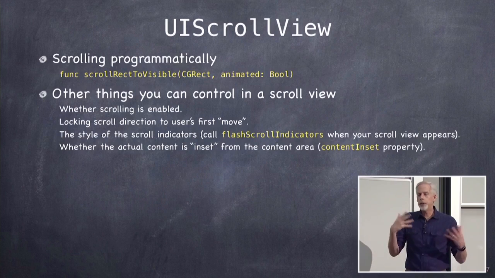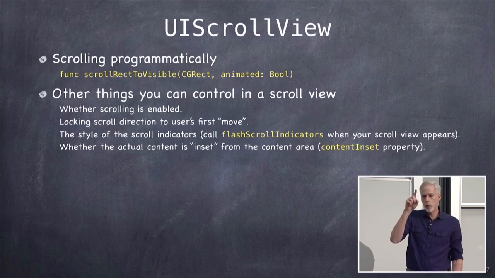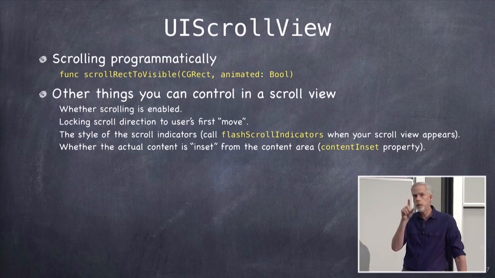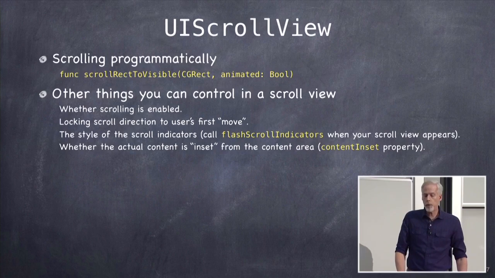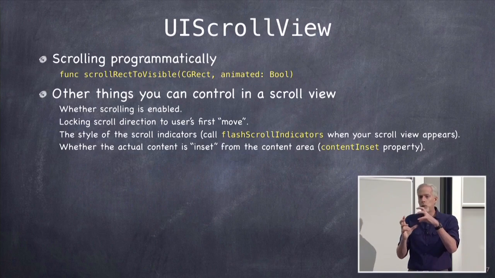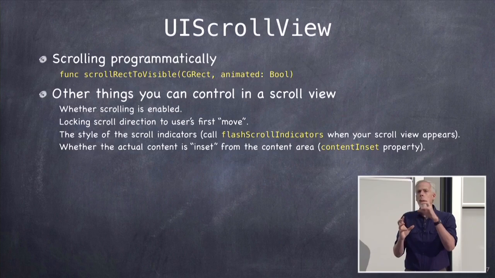You can do a lot of other things in ScrollView I don't have time to talk about, like controlling that behavior where it only scrolls vertically or horizontally, and on first motion it'll figure out which one you mean and do that. You can flash the scroll indicators when the thing appears on screen. You can also offset the actual content that you're scrolling over by a little bit.